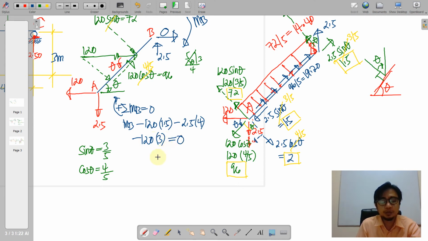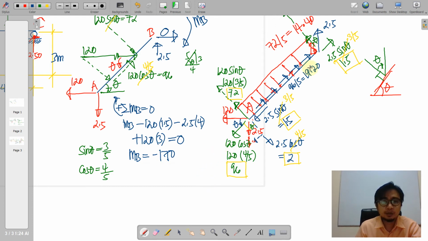All of these will equal 0. So we have here the value of MB. Let us correct this positive here. It resulted to negative 170, meaning MB should be a counterclockwise moment. Anyway, we'll just maintain the direction and take note of the sign.